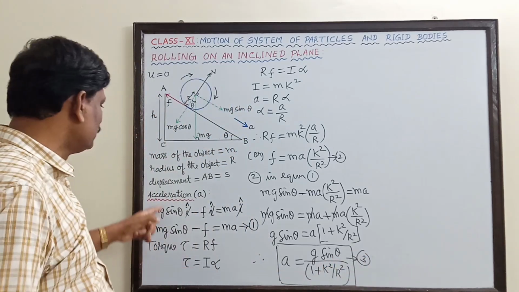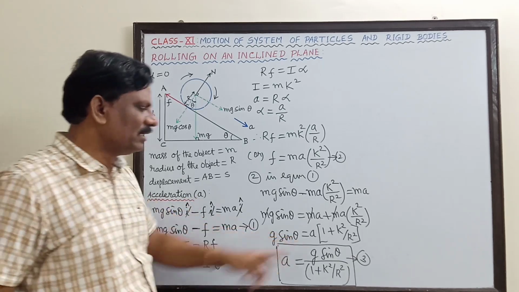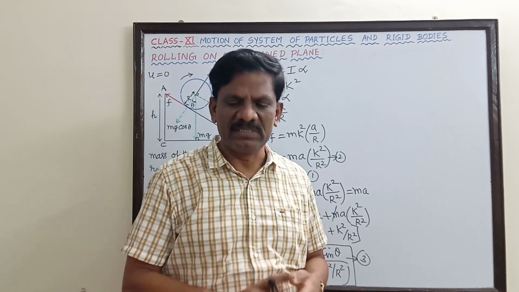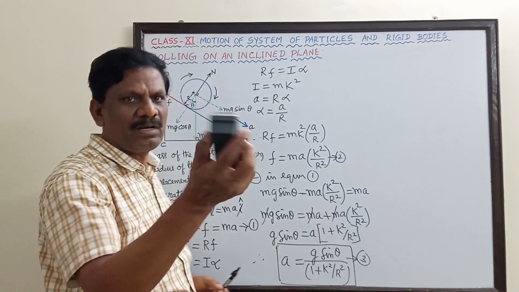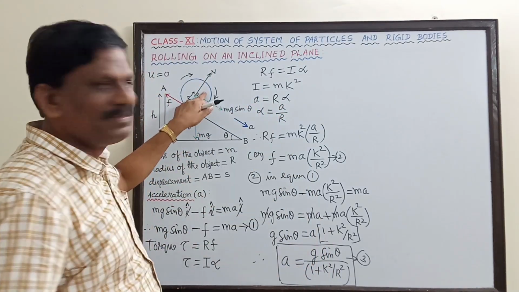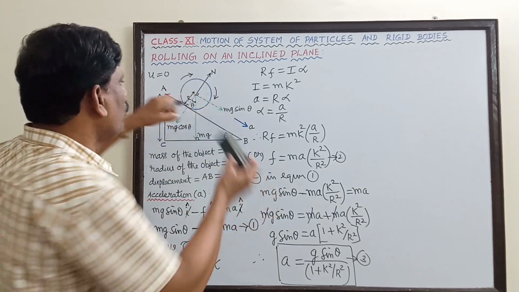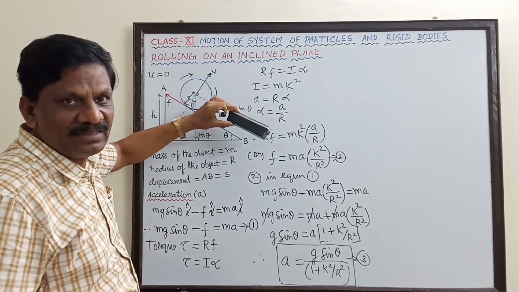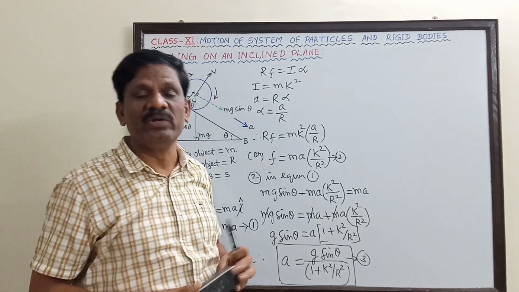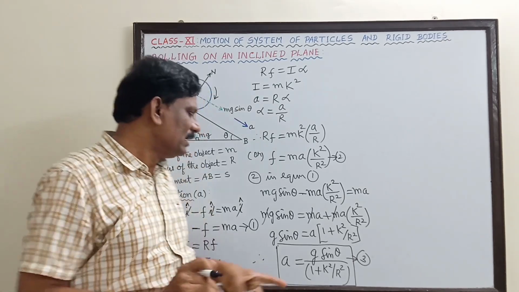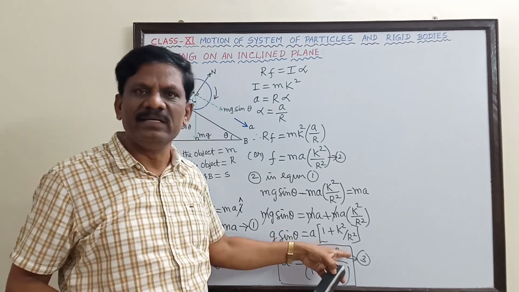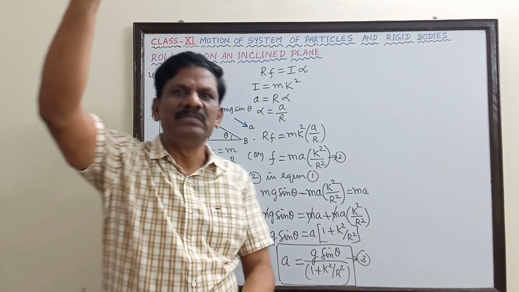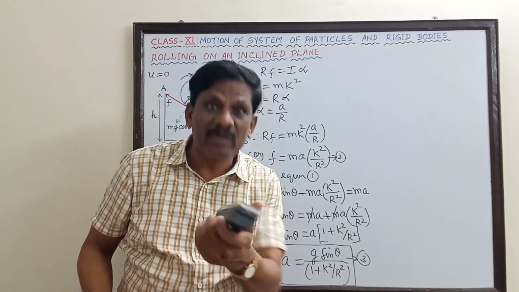Okay. So acceleration of this. Do you remember that we have already derived a similar equation? Suppose a block of wood is placed at this point in place of this rolling object, it does not roll. It will slide, is it not? For a sliding object, do you remember we have derived an expression, a is equal to simply g sin theta. Suppose if the same object is falling freely, then what would have been its acceleration?